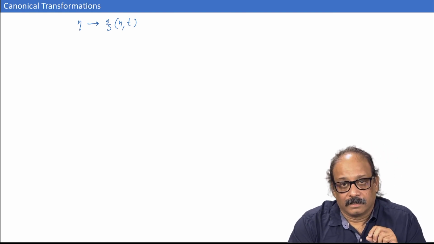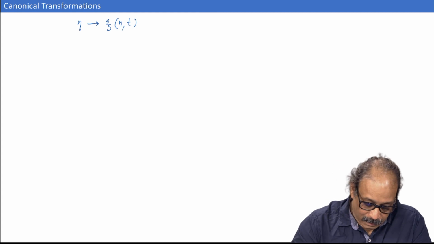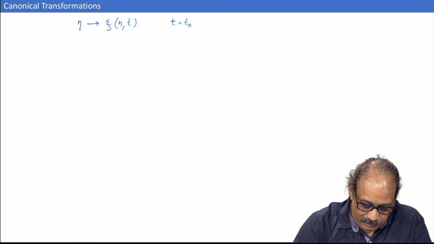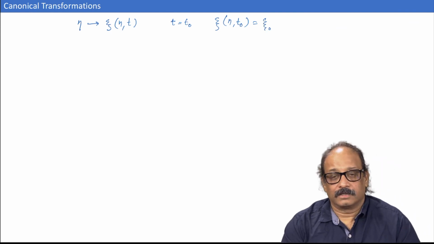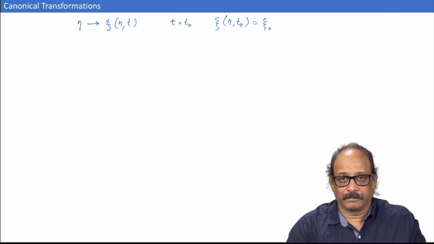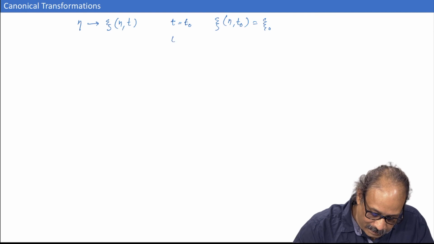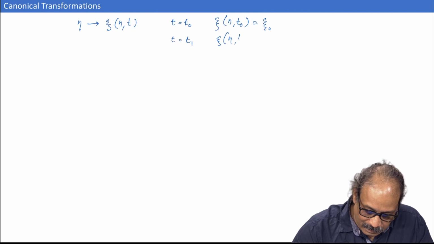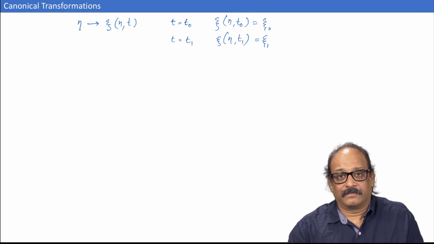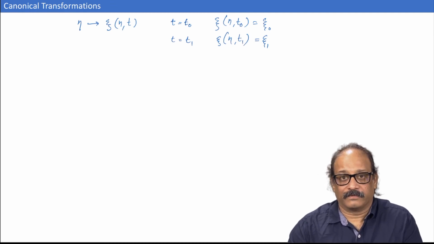At t equal to 0, you have xi of eta, t 0, I will call this xi 0. So, you have one transformation from the eta set of coordinates to xi 0. At some later time t equal to t 1, call this xi 1. So, after time t you have a transformation to xi 1.